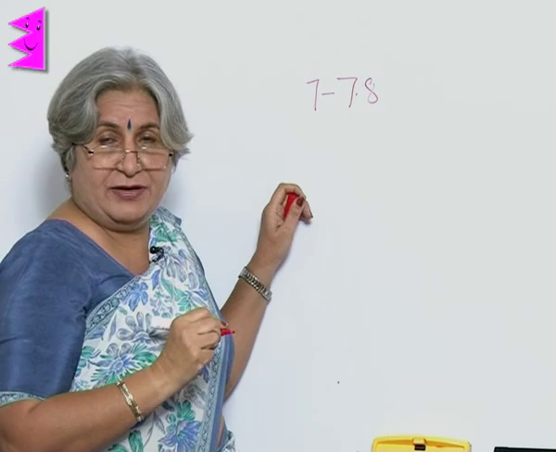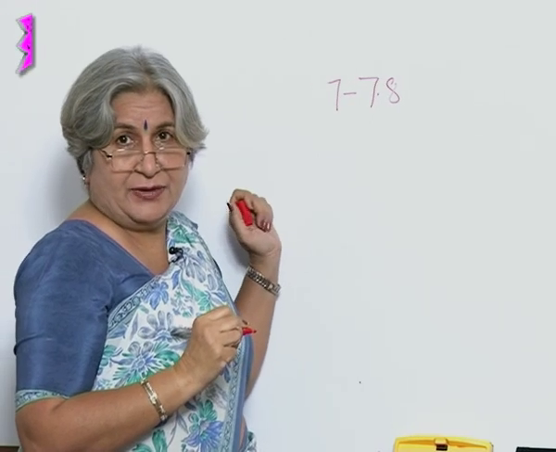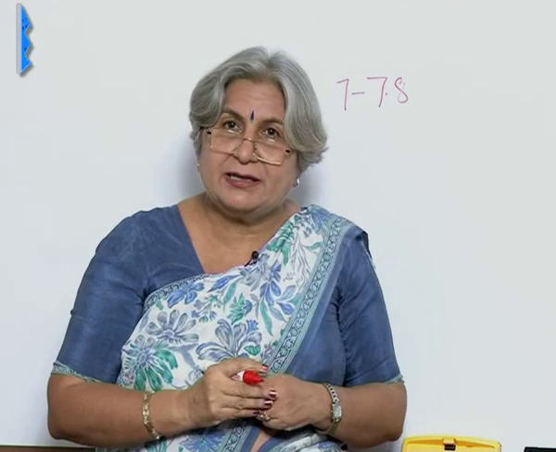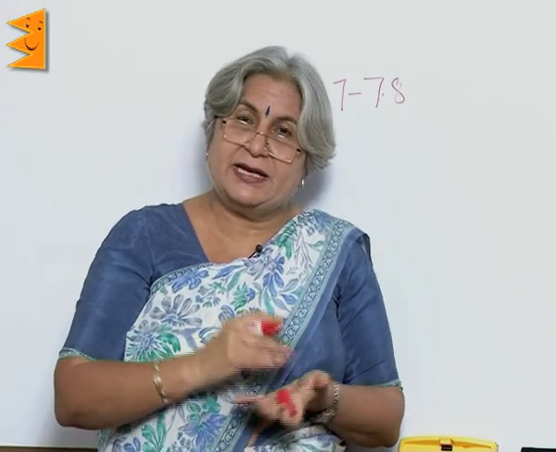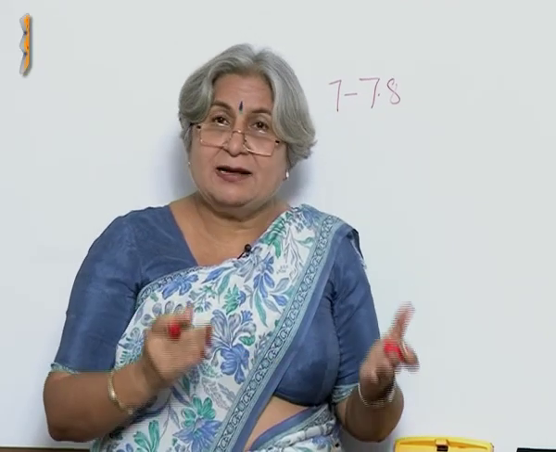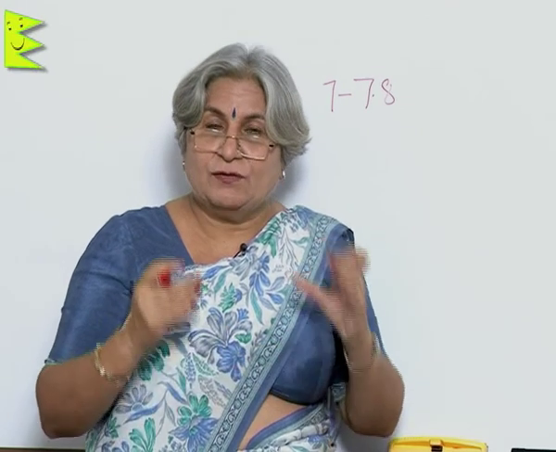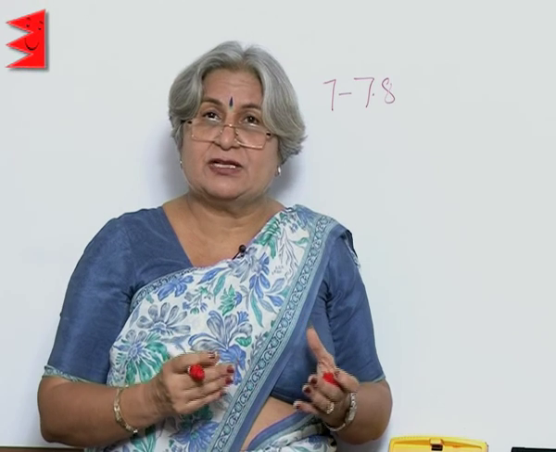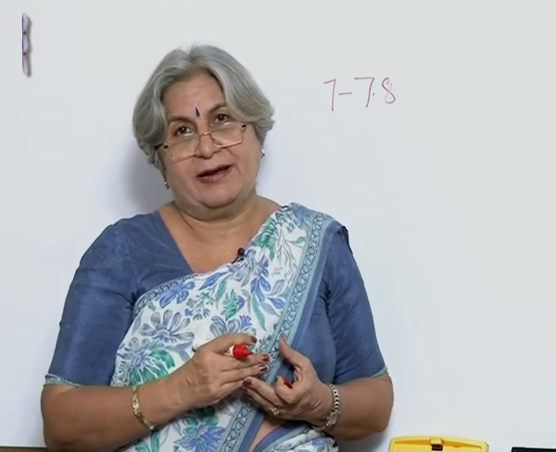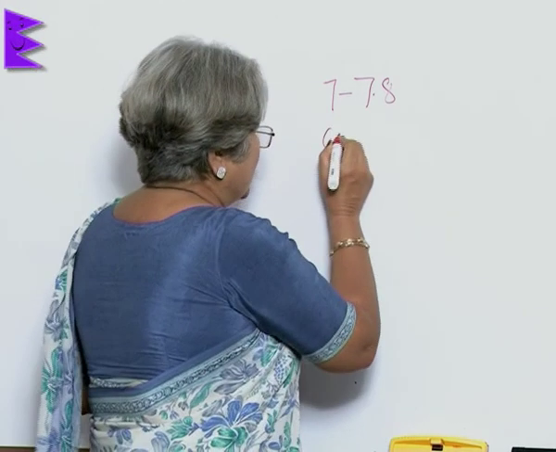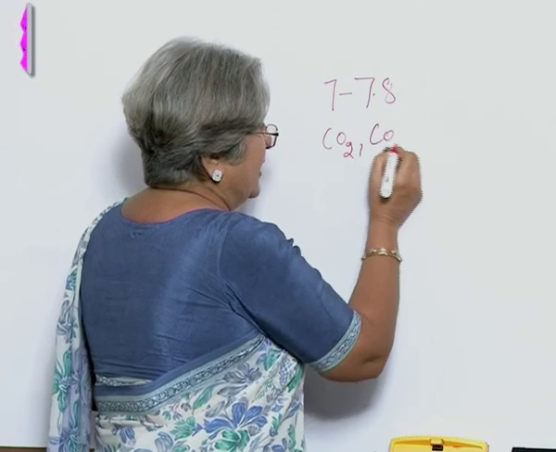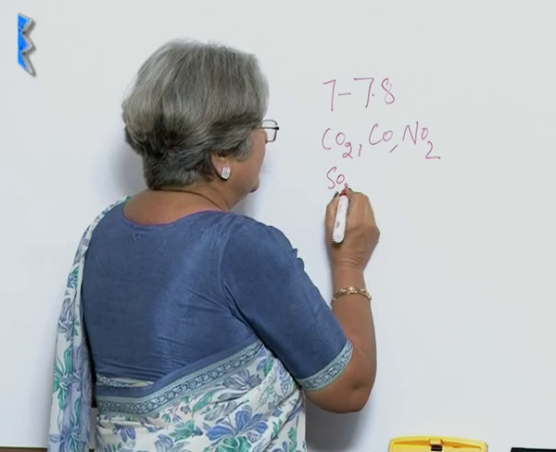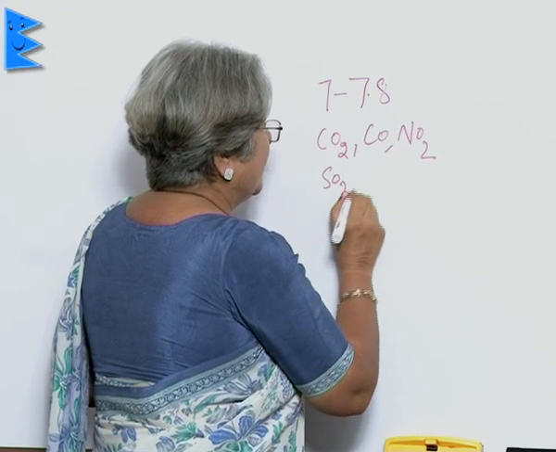Now, what happens if it is less than this? Now, if there is acid rain, what is acid rain and how can rain be acid? You know that due to industries, overpopulation, a lot of combustion, a lot of acidic oxides are emitted in the air like carbon dioxide, carbon monoxide, nitrogen dioxide, sulfur dioxide, sulfur trioxide.